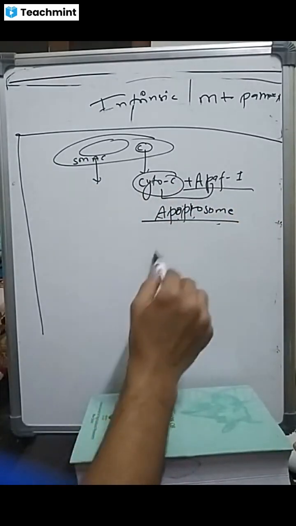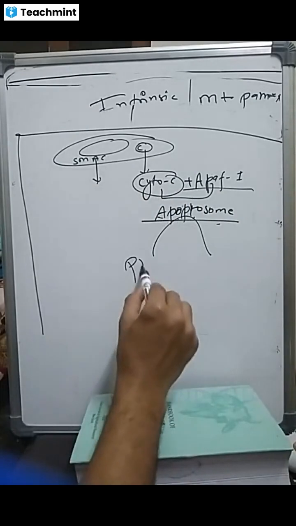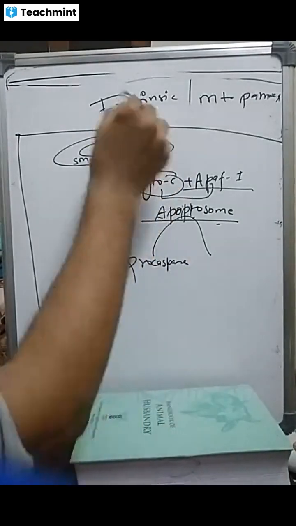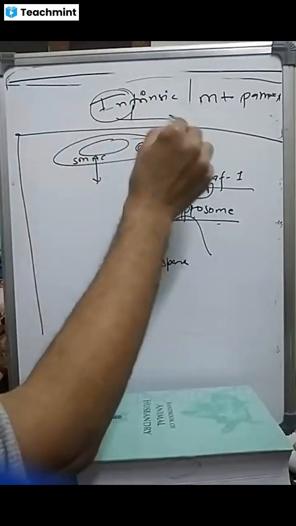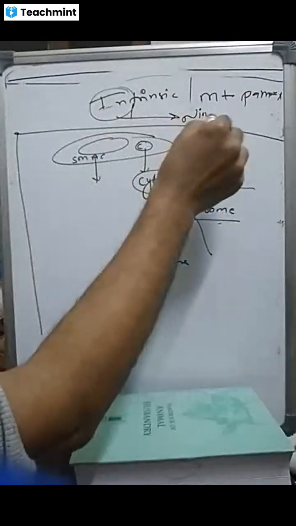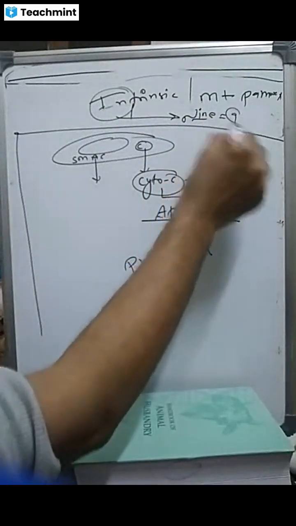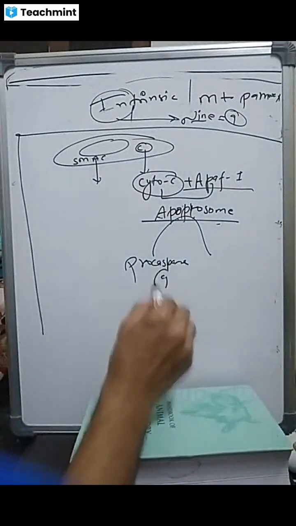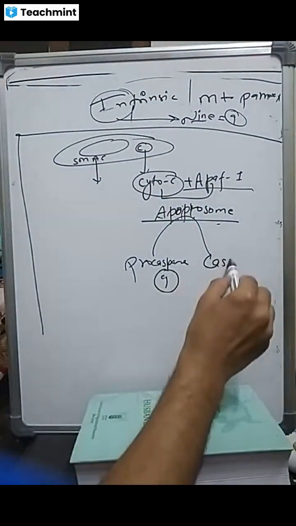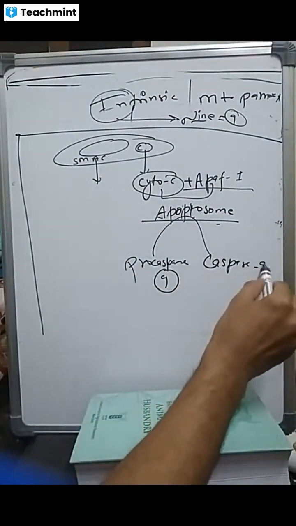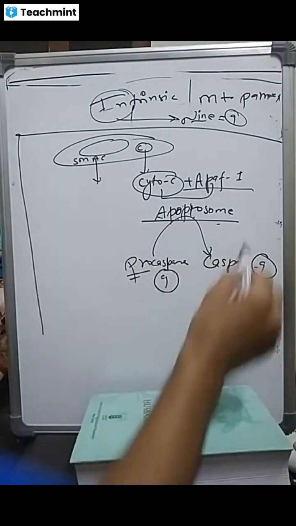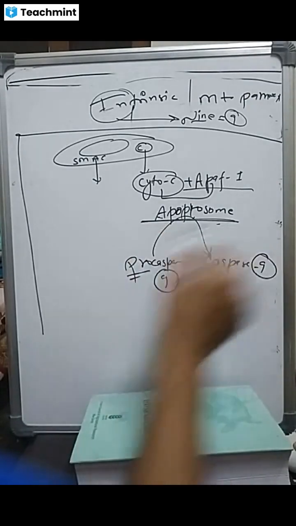This will help convert procaspase 9 into caspase 9, because the pathway is intrinsic, that is 9. It converts inactive into active.